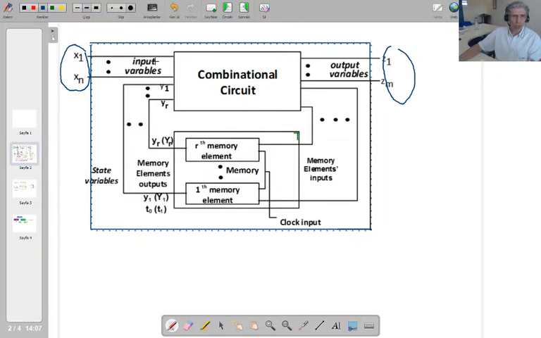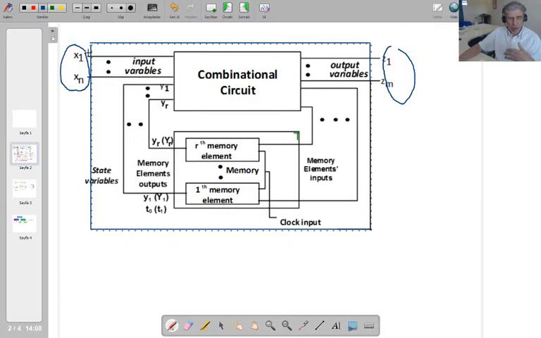If the inputs of a combinational circuit are known, these are the input variables, then the output is determined uniquely. So if you know the input, you can tell what the output is for the combinational circuit. But if it is a sequential circuit, these input variables are not enough to say what the output is.